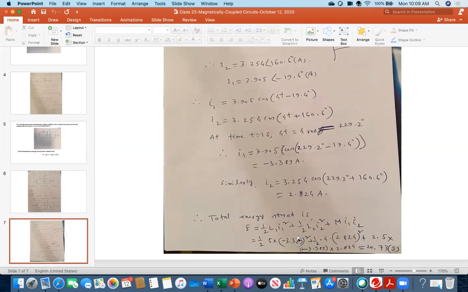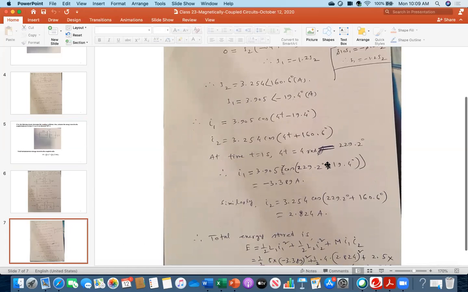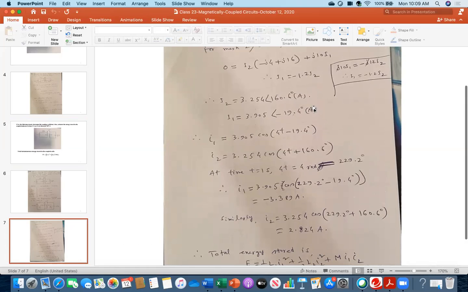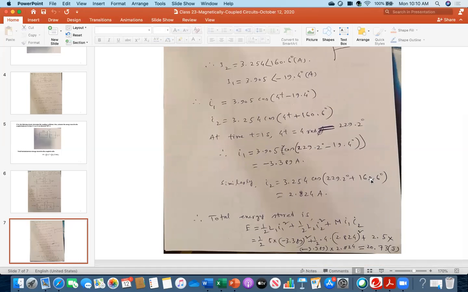So this is just the calculation. The main thing is to get I1 and I2. If you can get I1 and I2 correctly until the phasor point, then the rest you can easily do. For a specific time, find out the magnitude of I1 and I2, and then use the equation. That's all.